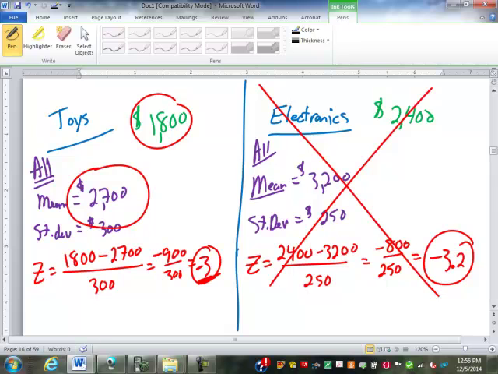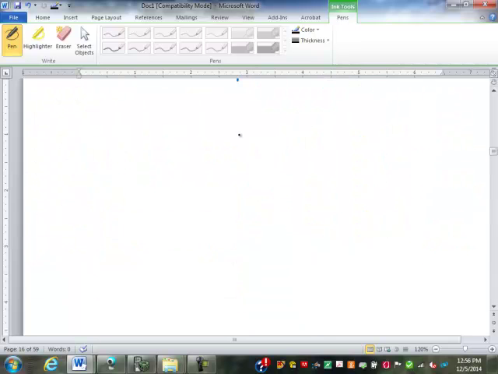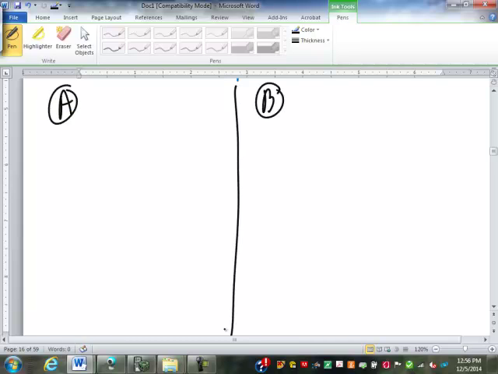Let's do another example. Let's say you're doing performance evals and you want to evaluate the best person. You have a performance score that you give each of them, employee A and employee B. Let's say employee A gets a performance score of 32, and employee B gets a performance score of 28. But here's the thing, they work in different wings, different departments. Maybe one's in the maternity ward, one's in ER, or whatever.